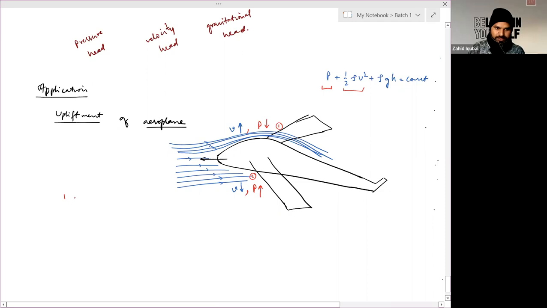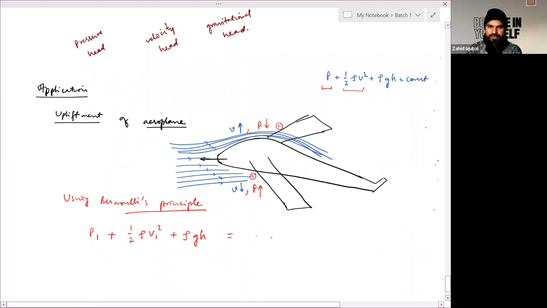So using Bernoulli's principle, pressure on the first part plus half rho V1 squared plus rho g h equals pressure on the second part plus half rho V2 squared plus rho g h. Since there is not much difference in height, the rho g h terms will cancel out.